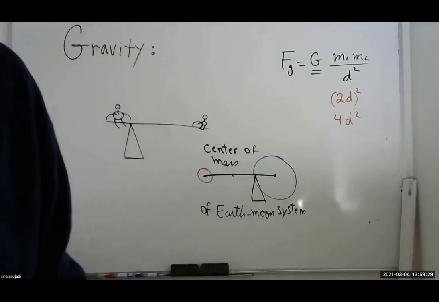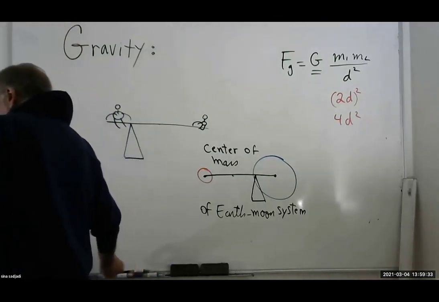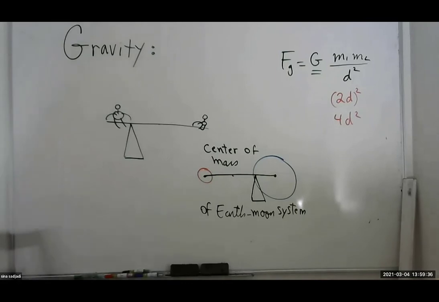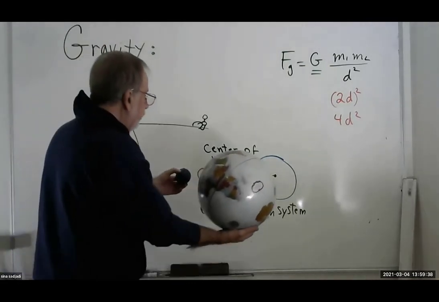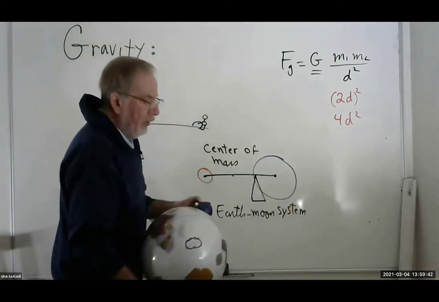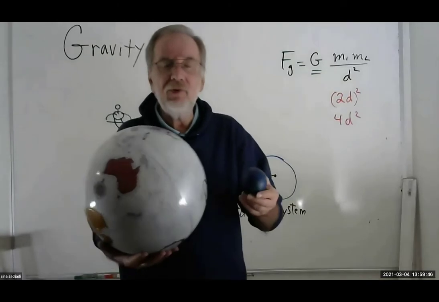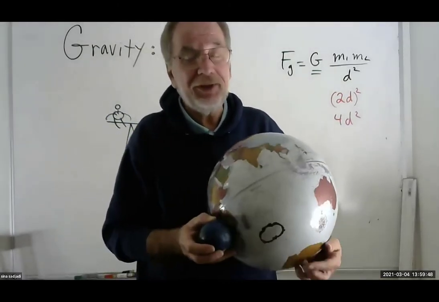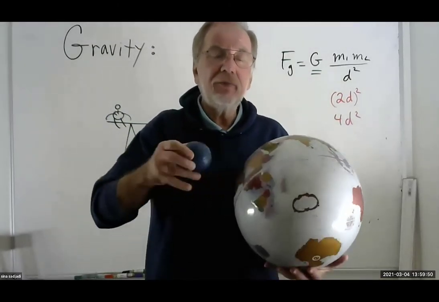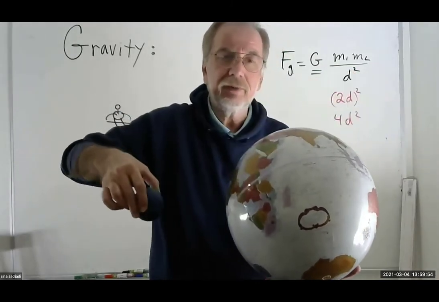So what does that mean and why is it important? Well, I have the Earth here, and I have the Moon here, and I'm trying to figure out the teeter-totter thing. See, the Moon doesn't go around the Earth. You think it would, but it doesn't. The Moon goes around the center of mass of the Earth and the Moon.